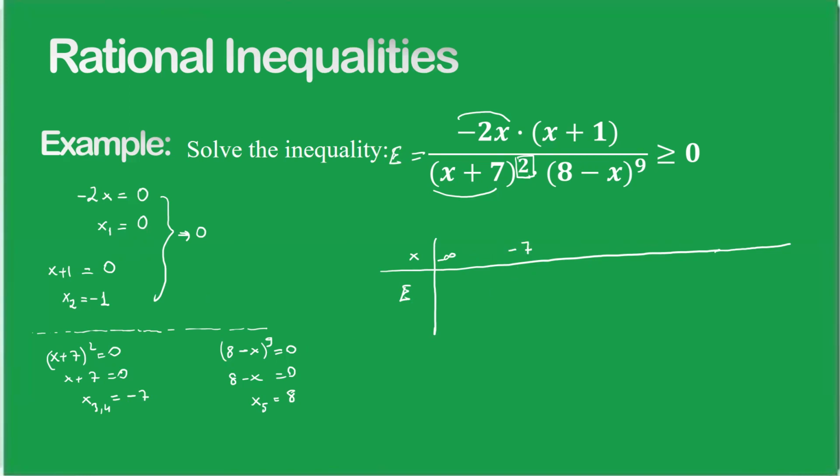It makes the expression undefined and it is a double root, so let's draw like that. The next one is minus 1, and it makes the expression 0. The next one is 0, which also makes it 0. And finally 8, which makes it undefined again. Let's draw this line segment.